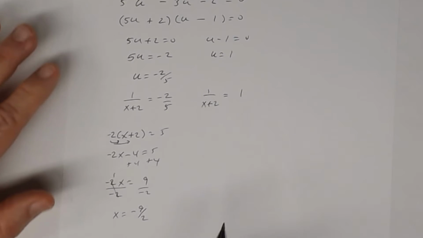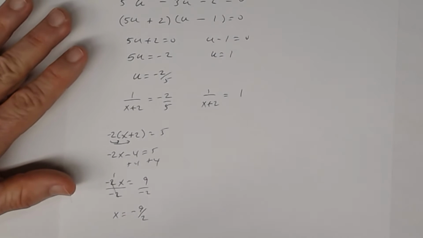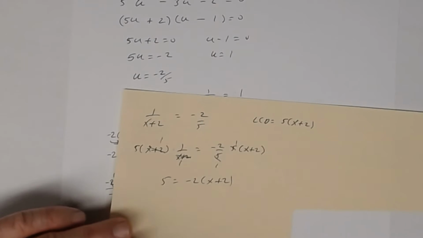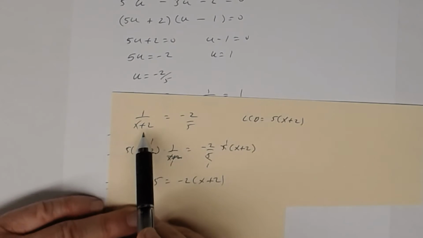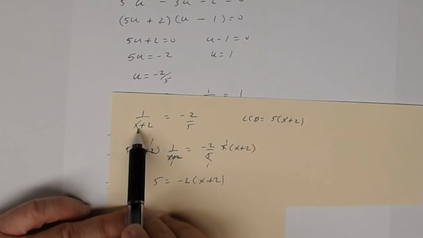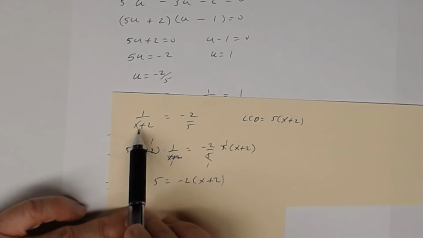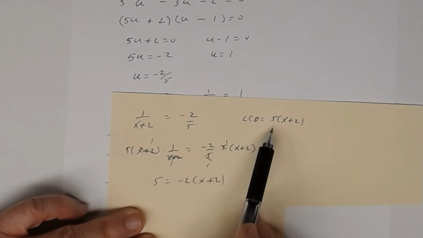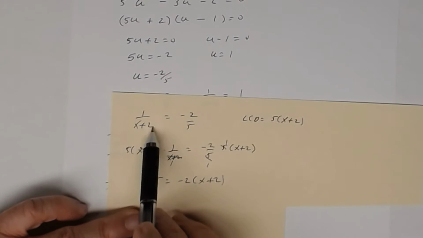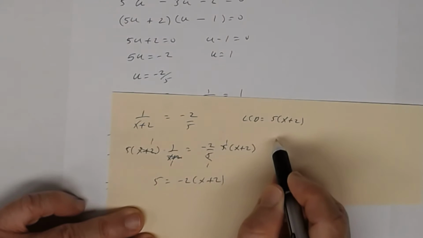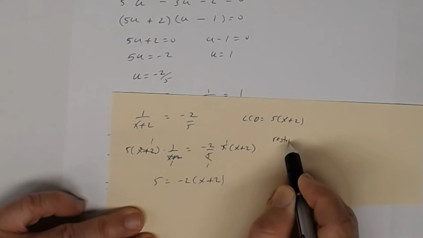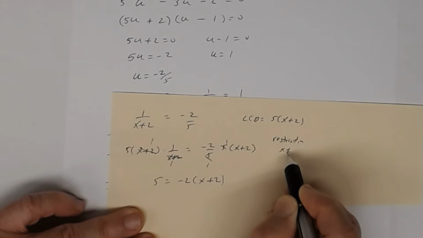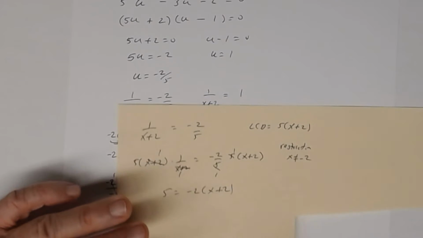Okay? Now, just to remind you about something. So remember when you solved a rational equation, you also had to look at your restrictions. Remember that? And so the restriction here, what's going to make this denominator 0 is when x is negative 2. So my restriction is that x cannot equal negative 2. The point is this.